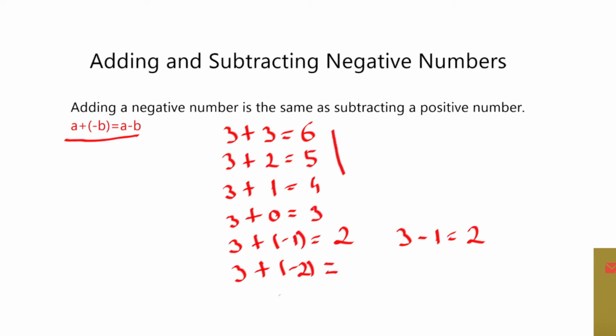And if we look here, we got 6, 5, 4, 3, 2. Therefore, this one is going to be 1. But again, we can apply our rule here. So instead of 3 plus minus 2, we can write 3 minus 2, which gives us 1.